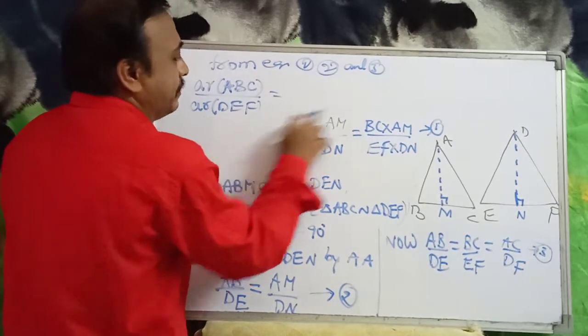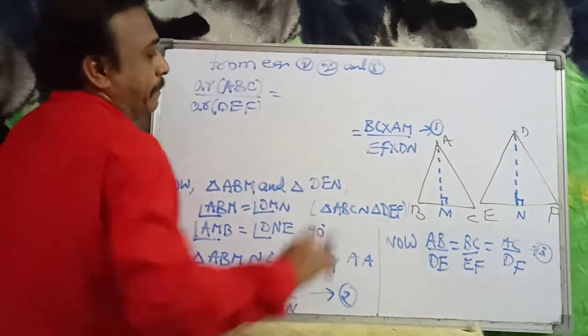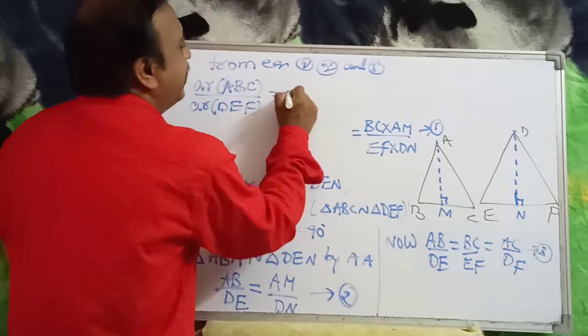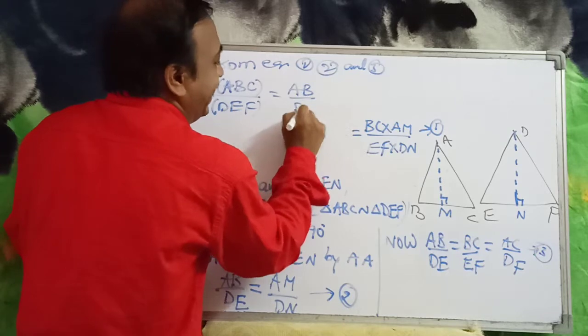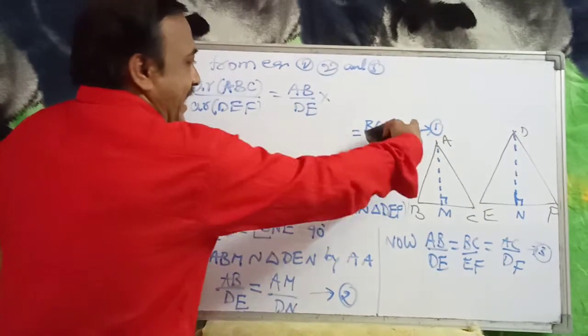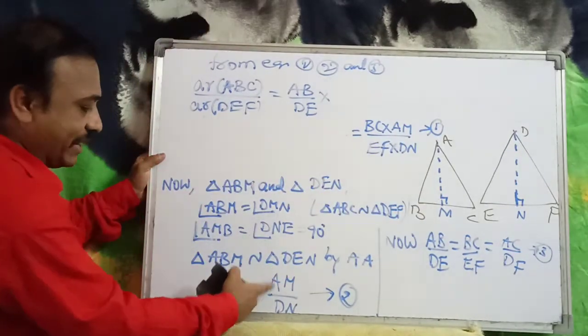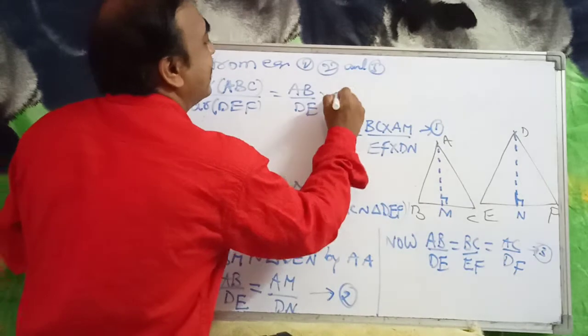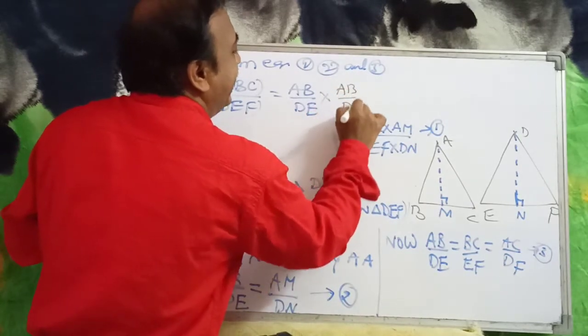In this place, observe it, BC by EF can be written as AB by DE. So AB by DE into AM by DN, and AM by DN is equal to AB by DE. That also can be written as AB by DE.